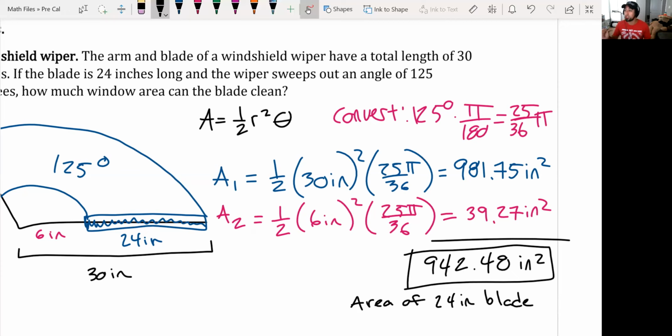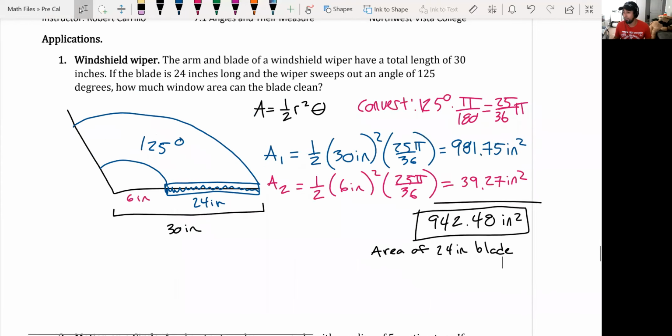So in order to zero in on what that blade actually cleans, you take the length of the whole arm and blade, which is 30 inches, you take the area of that and subtract from it the area of the 6-inch arm to get the actual area that that 24-inch blade can cover. Okay. Whew, that's fun.